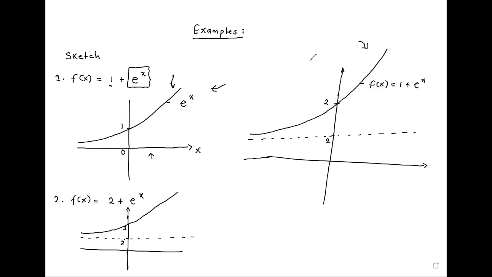Sir, make me understand. For this one, the first one, the vertical shift was 1. That's why we made 1 the asymptote and shifted 1 unit upwards. Now this one, the first point was 2. Why are we shifting 1 unit upward?